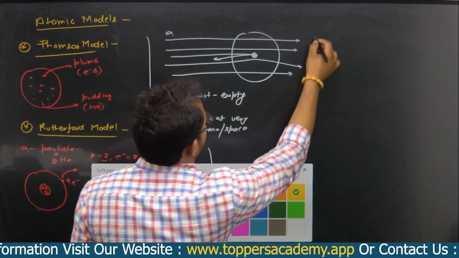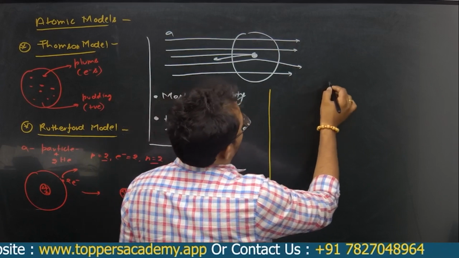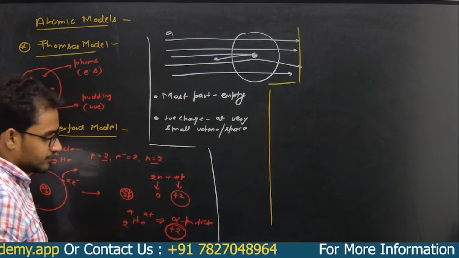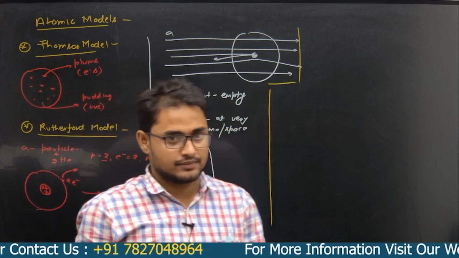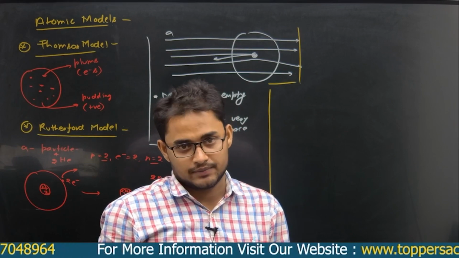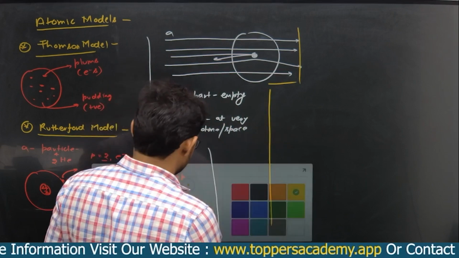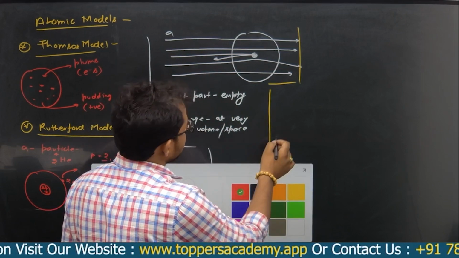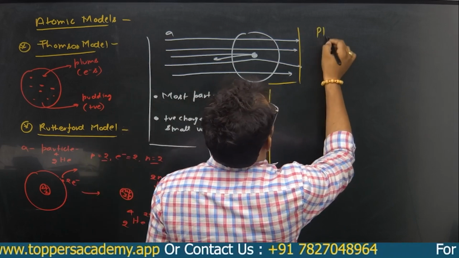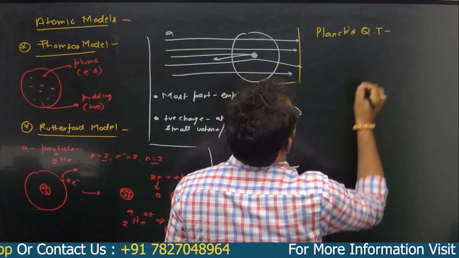Next is Niels Bohr model, but before Niels Bohr model, let me discuss Planck's quantum theory, because he used this theory and gave his model. So what is Planck's quantum theory?